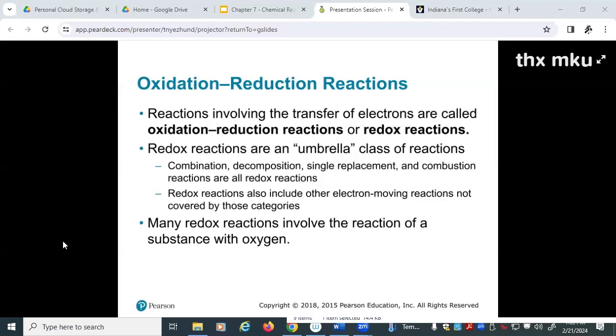Redox reactions kind of fit into that category of everything else. All the other types of reactions that were discussed in the pre-lecture, that were found in the early readings, all have this characteristic in common. They all involve the movement of electrons.